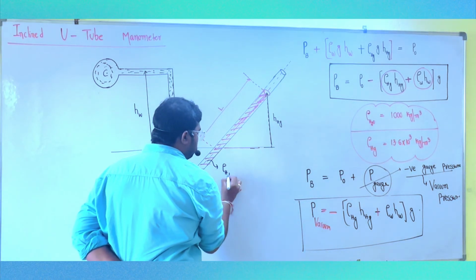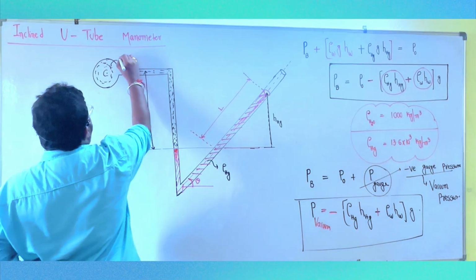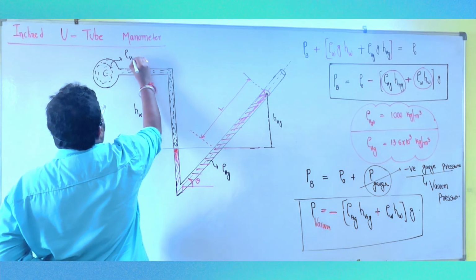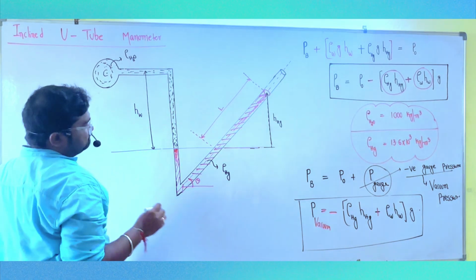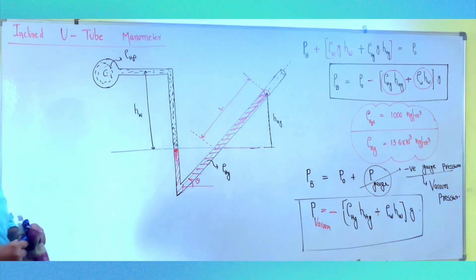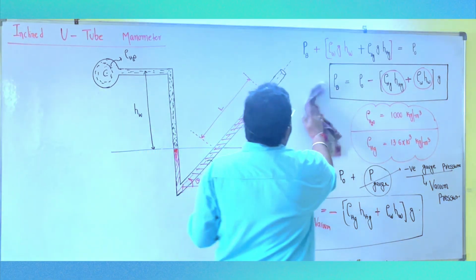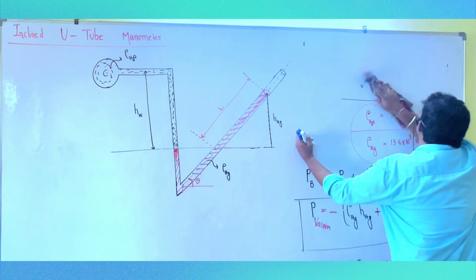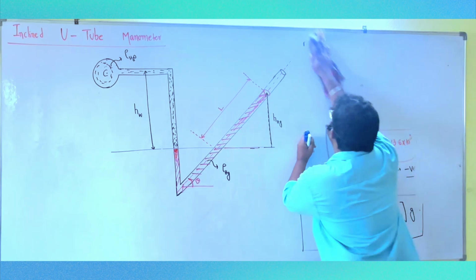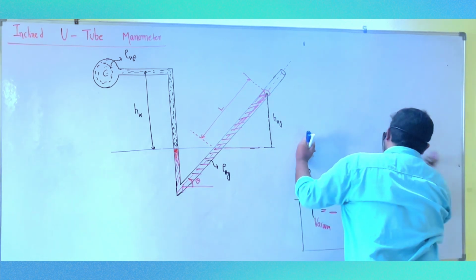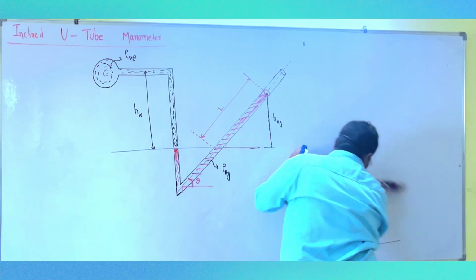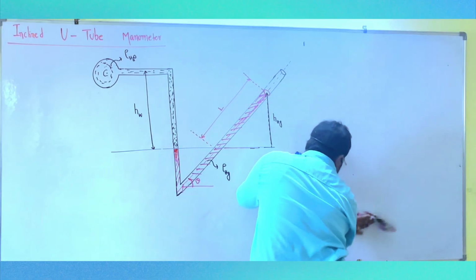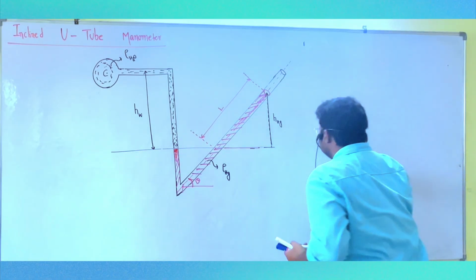This is the density of the mercury, and this is the density of the water. Now write down, this is the focus here.